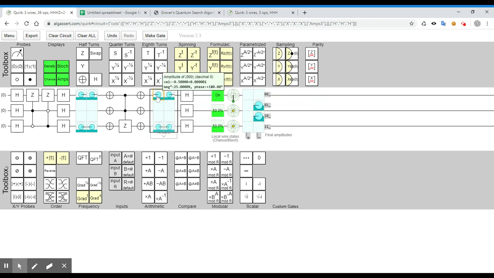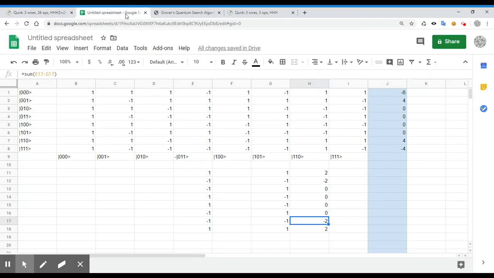It's 0, -1, -1, 0. Exactly. So it's the 0, -1, -1, 0. That's the pattern, but it's the inverse pattern of these in here.